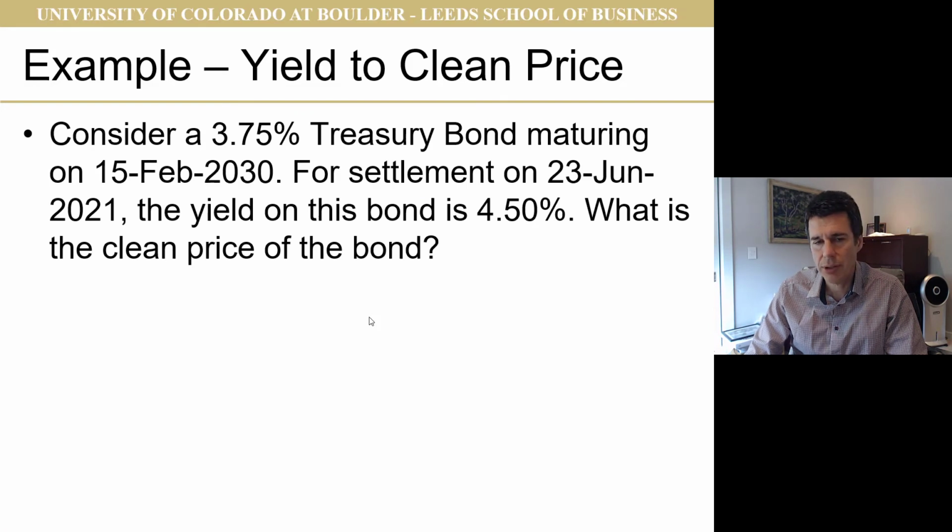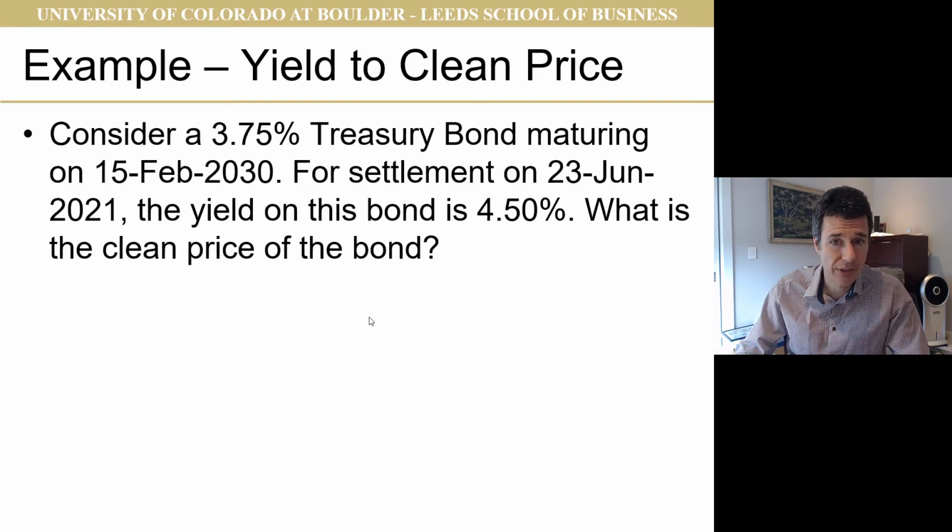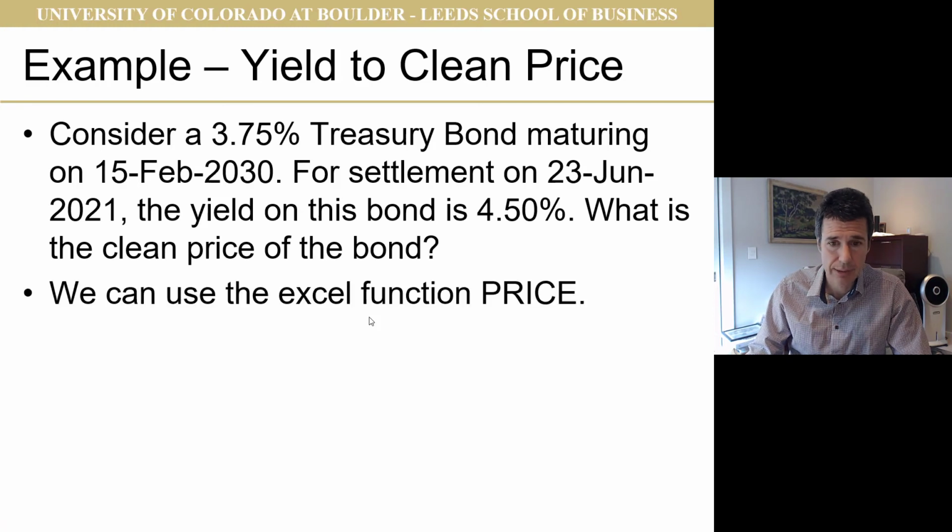So we can do yield to clean price. If we consider a 3.75% coupon Treasury bond maturing on the 15th of February 2030, for settlement 23rd of June 2021, the yield is 4.5%. If we want to find the clean price, this is straightforward. We use the Excel function PRICE.